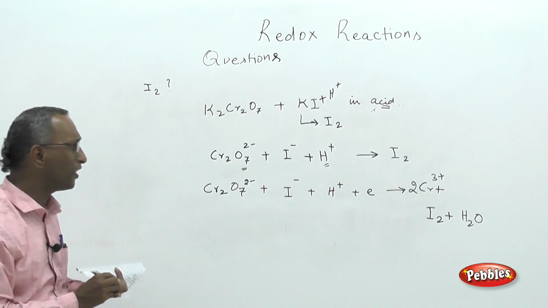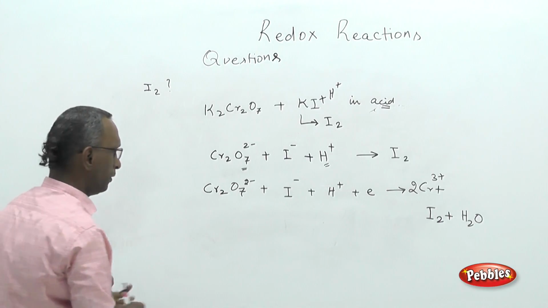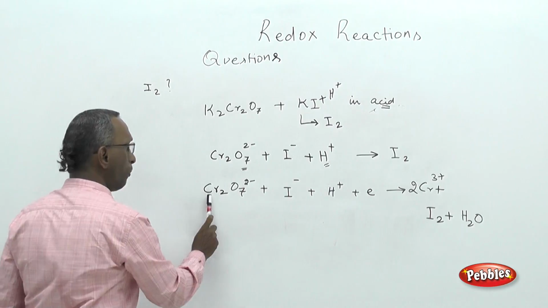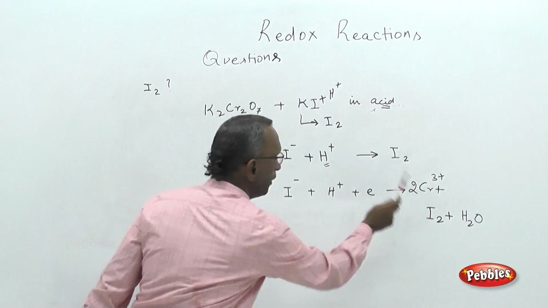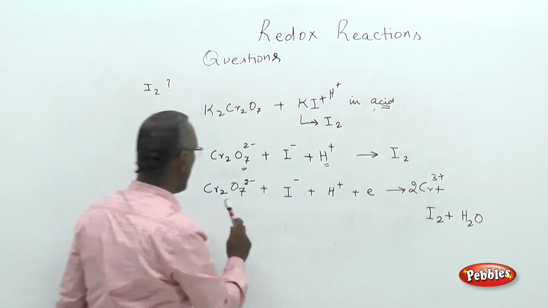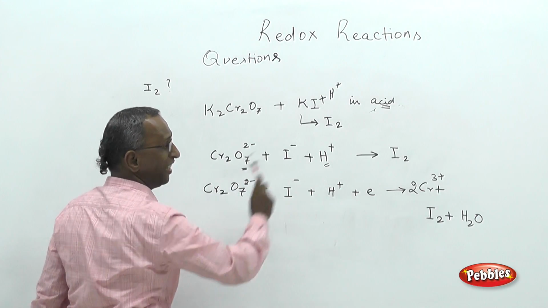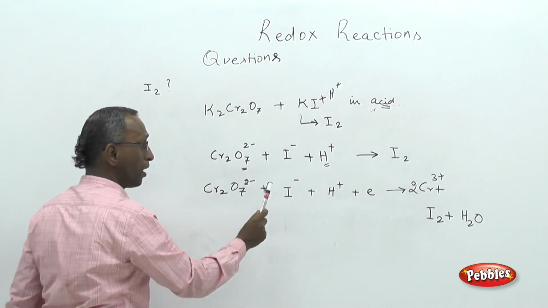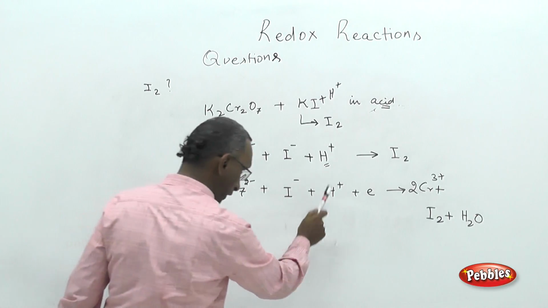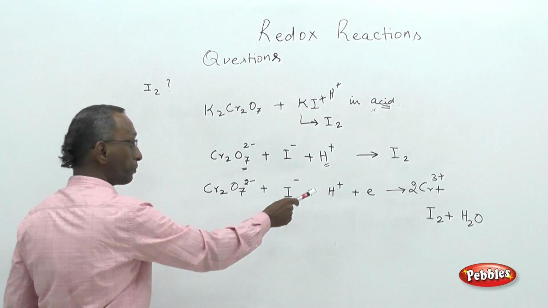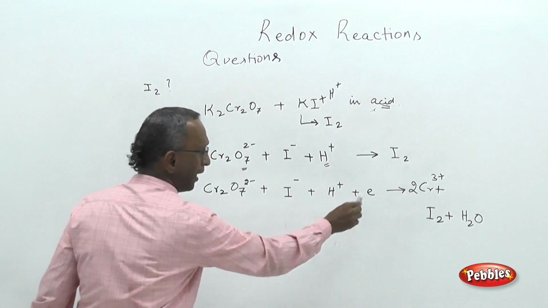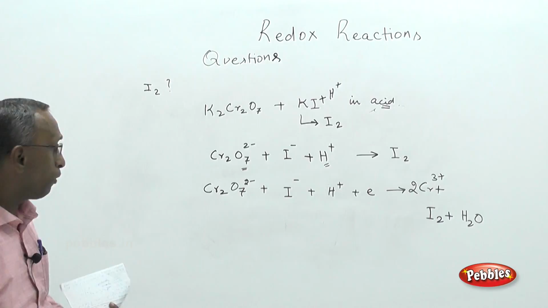Acid medium means it is dissolved in water, so oxygen is converted to water, hexavalent chromium is reduced to trivalent chromium, and iodide is oxidized to iodine. The reaction takes place in acid medium. Both oxidation and reduction involve transfer of electrons. These are to be borne in mind.